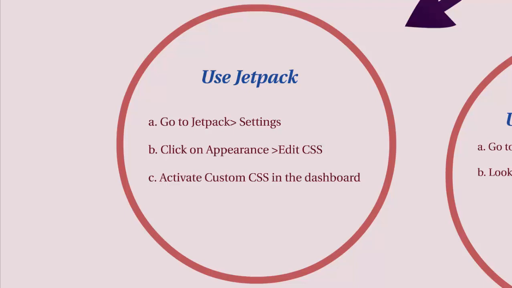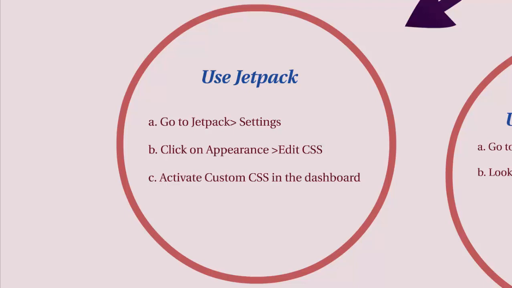So in our first example, we're going to use Jetpack. Before I show you this, though, you need to know that you have to have a WordPress.com account set up. You need to have the Jetpack plugin installed in your WordPress site, and that Jetpack needs to be connected to your WordPress.com account.